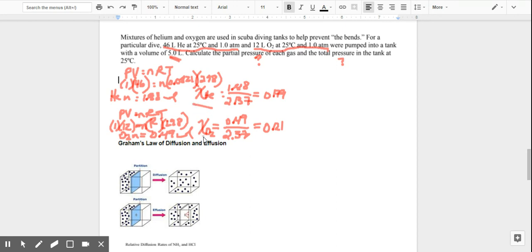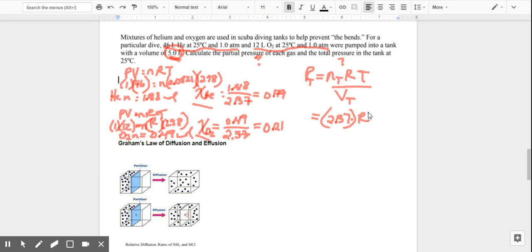Now that I have the mole fraction of each, I'm going to have to figure out my total pressure. So my total pressure, I'm going to solve from PV equals nRT by taking my total moles times R times T and dividing by my total volume. So the volume is going to be 5 liters because that's what volume we're going to have when we pump both of those gases in. So total moles is 2.37.